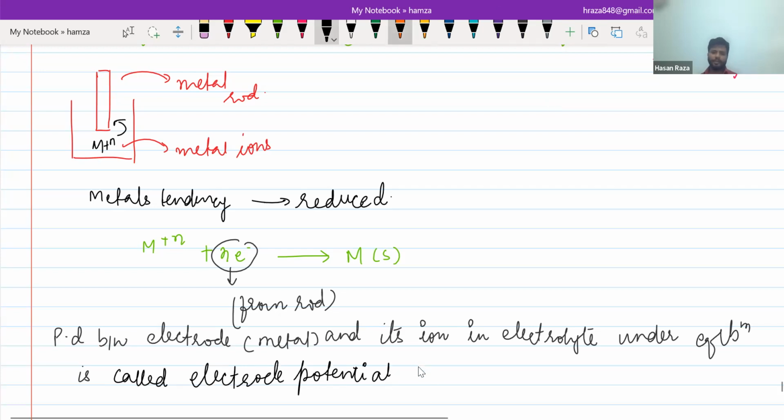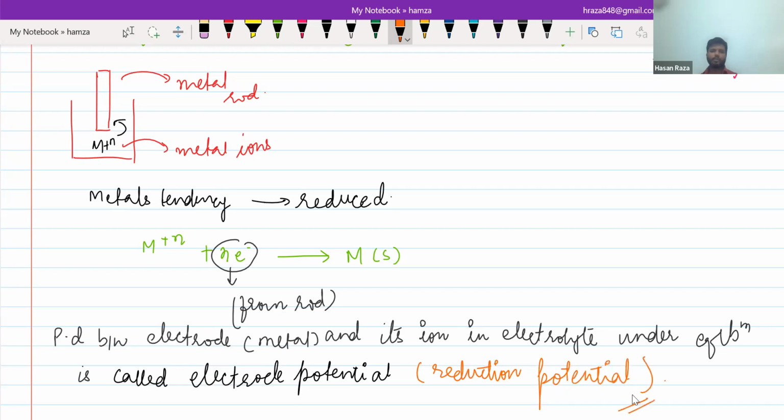And to be more specific, this is reduction potential, because reduction takes place.